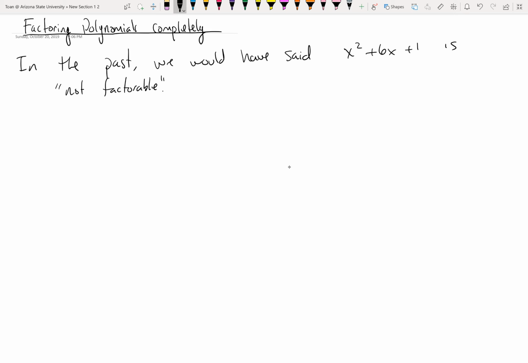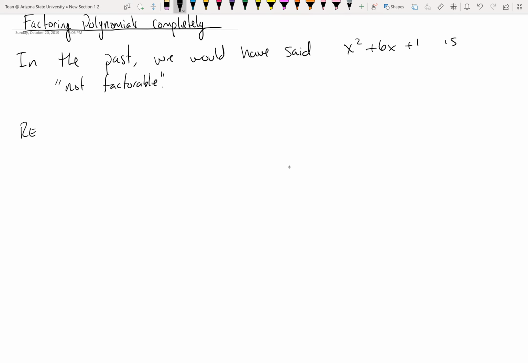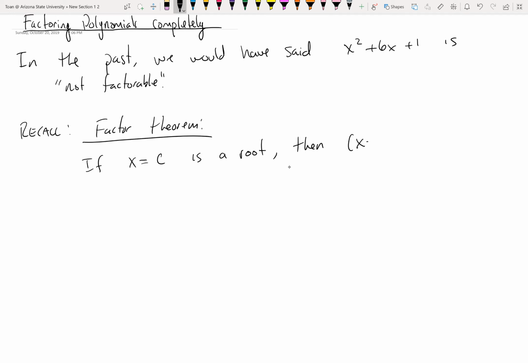However, we do have this very important theorem in the world of polynomials called the factor theorem. It states, if x equals some number, I'll use c, is a root, then x minus that number is a factor.